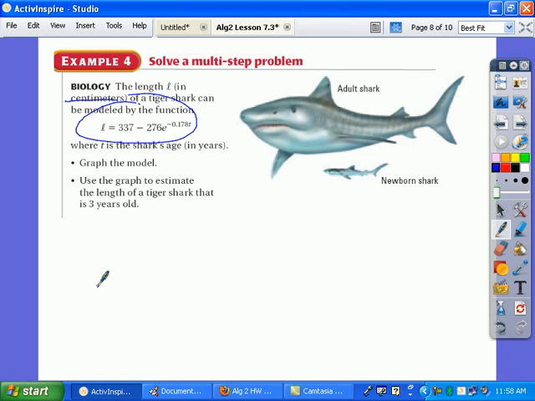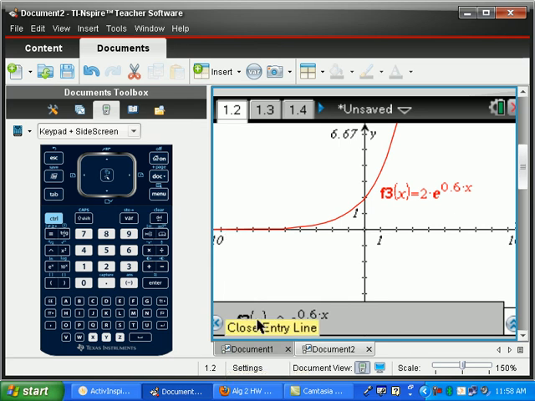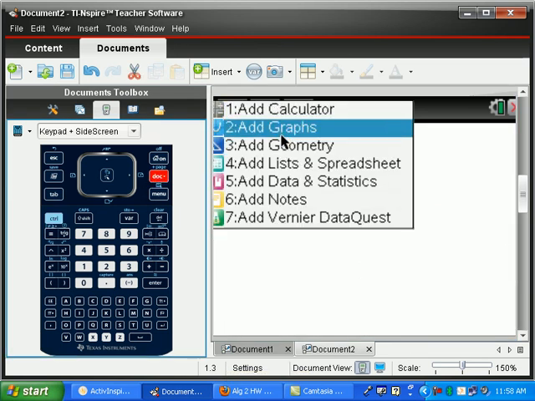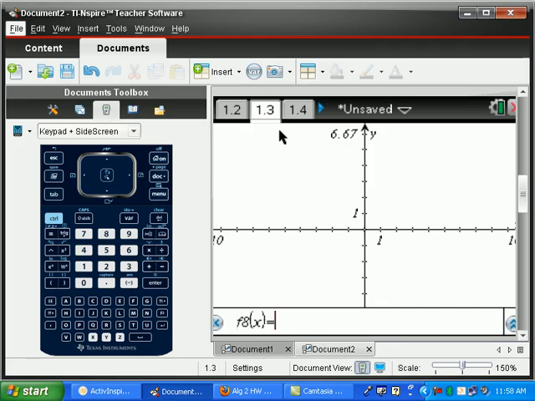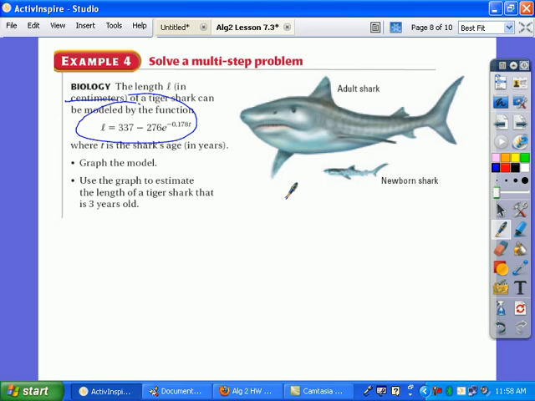Okay, and we can plug that right into our graphing calculator. So we come over to the graphing calculator, and let's go with a new page here. 337 minus 276e to the negative 0.178t.